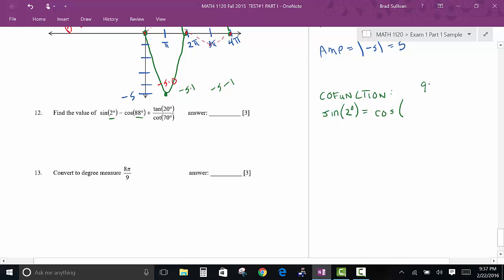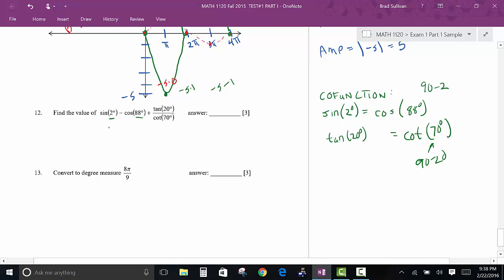And the way you find a complement is you subtract from 90, so it's 88. So those two things are the same. Notice also you have a tangent of 20 degrees. Well, the cofunction of the tangent is the cotangent. So the complement would be 90 minus 20, so it would be 70. Right? So you have several things that are equal.